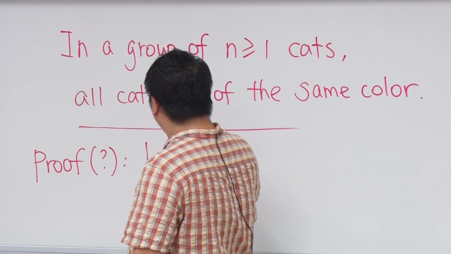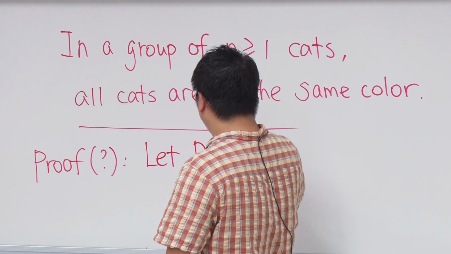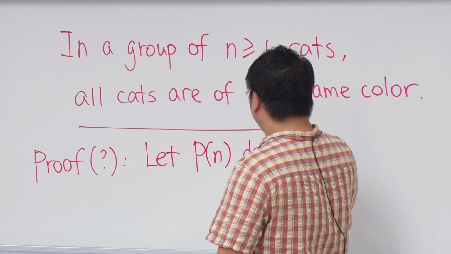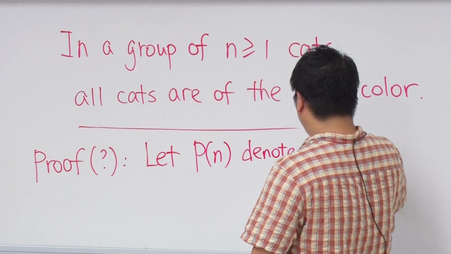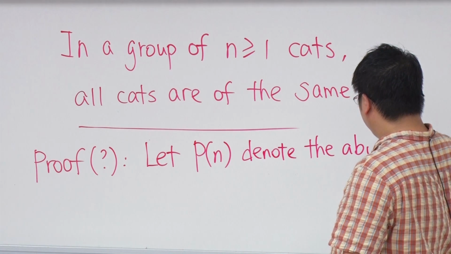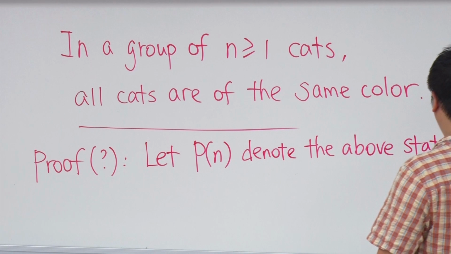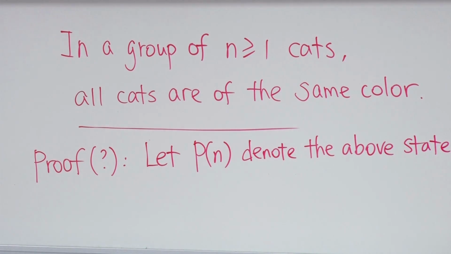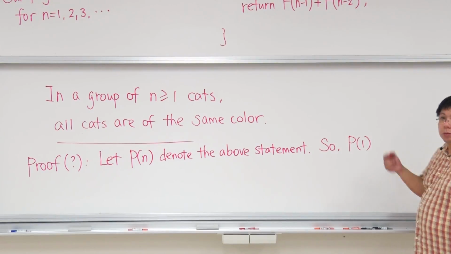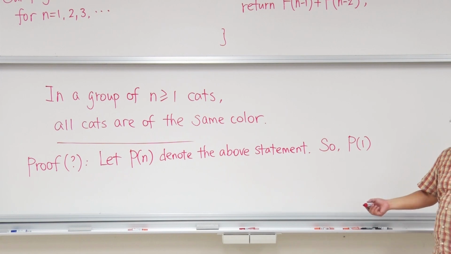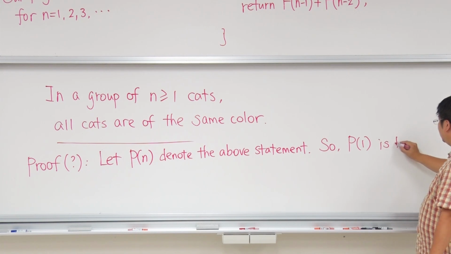First of all, let Pn denote the above statement. So we will have the basis case as P1, n is equal to 1. In a group of 1 cat, all cats are of the same color. So 1 cat must be of the same color. Nothing to argue, so P1 is true.